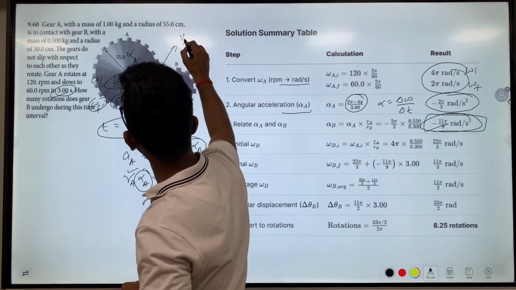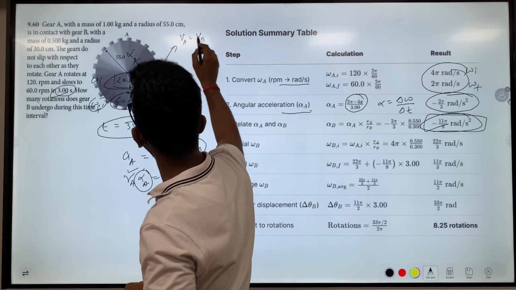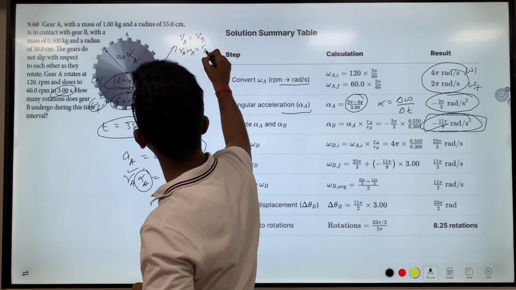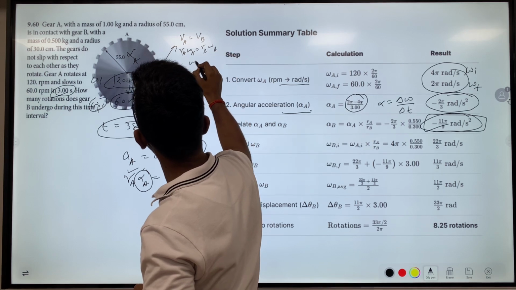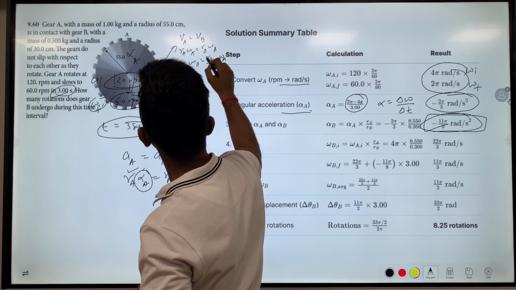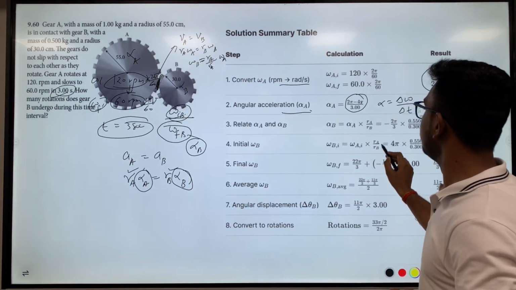So V_A will be equal to V_B. If V_A is equal to V_B, then I can say that R_A omega_A will be equal to R_B omega_B. So omega B will come out to be R_A by R_B times omega A.